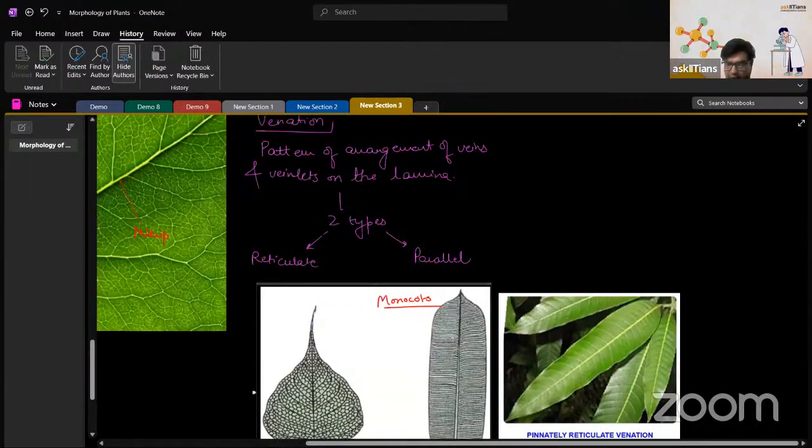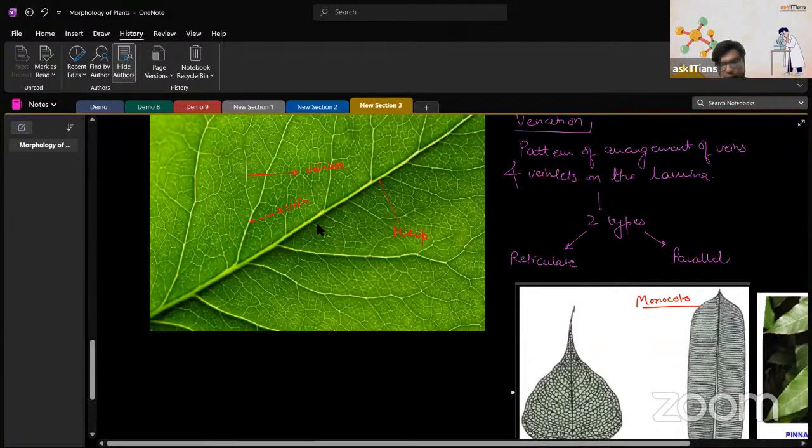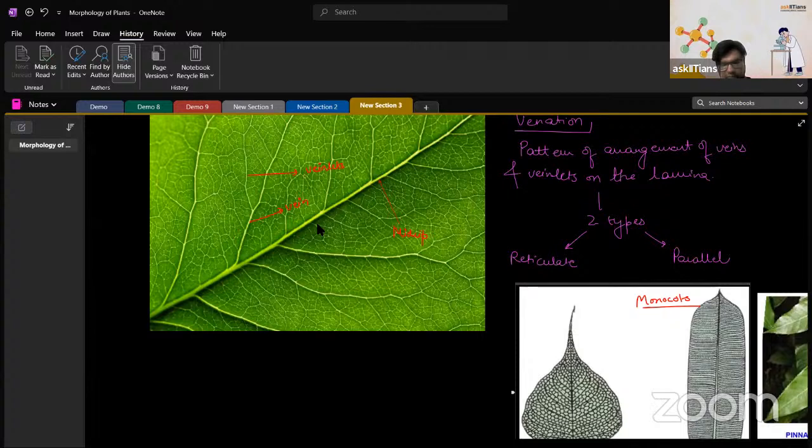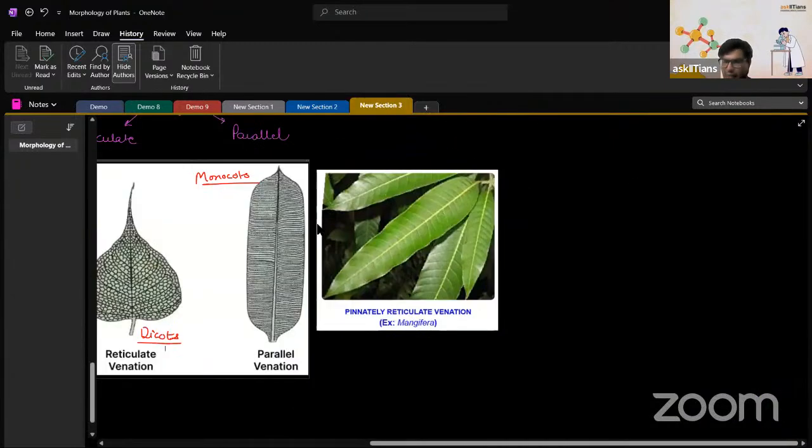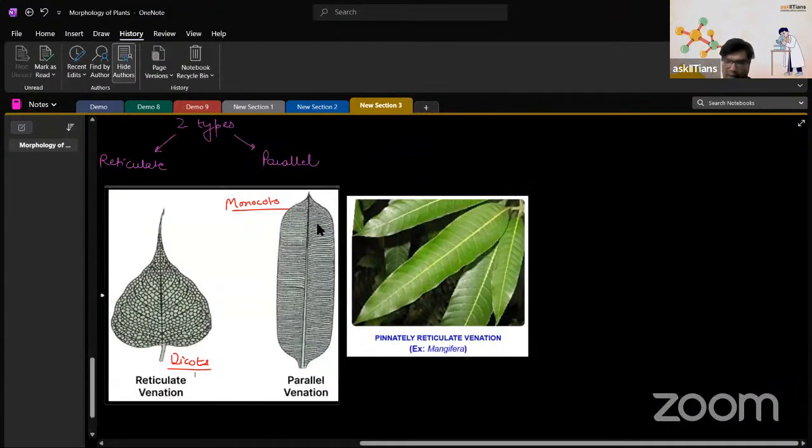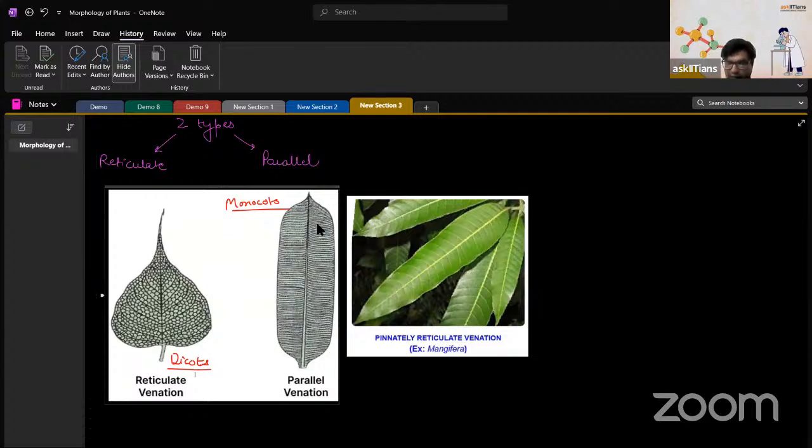The simple leaf is just a single leaf, which may be incised to any depth, but not down to the midrib, simply speaking. Like mango, guava, papaya, these are the simple leaves. The compound leaf, on the other hand, is a leaf in which the leaf blade is incised up to the midrib and petiole. Thus, basically, you are dividing one leaf into many different leaves. We call them the leaflets.